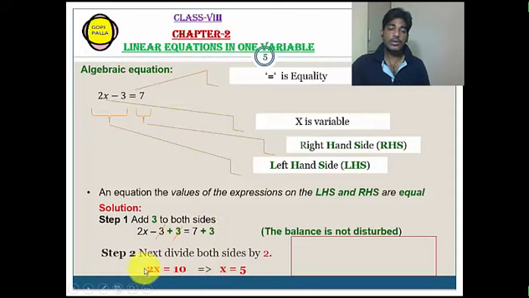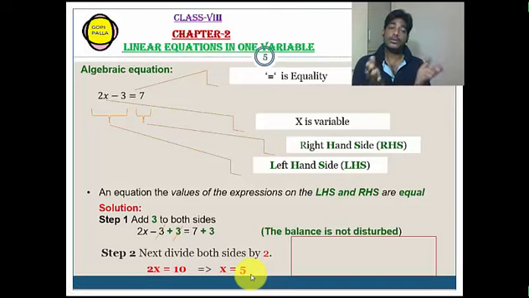Our objective is to find the value of x only. In order to get x, 2 is multiplied here. So in order to eliminate 2, this is 2 into x, so we should divide by 2 on both sides, because that is an equation. So 2x by 2 is equal to 10 by 2, so x is equal to 5. That is the value of the variable x, which is 5.